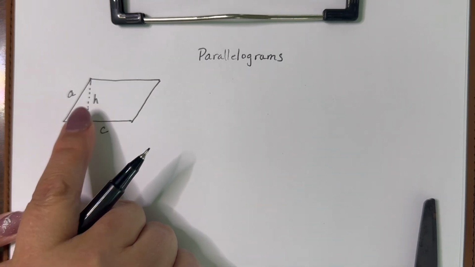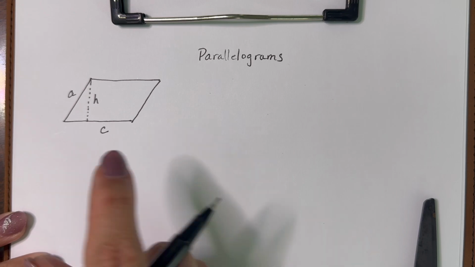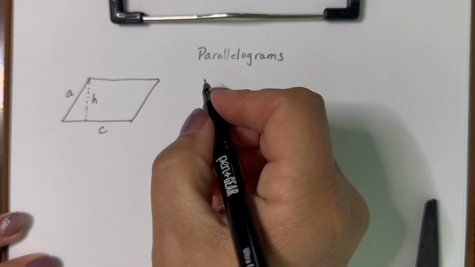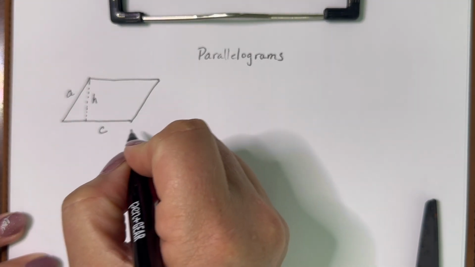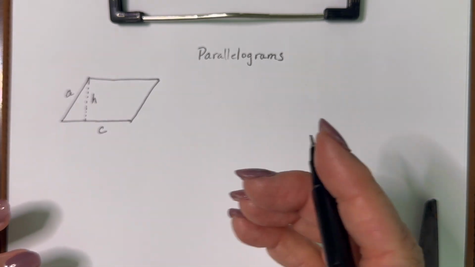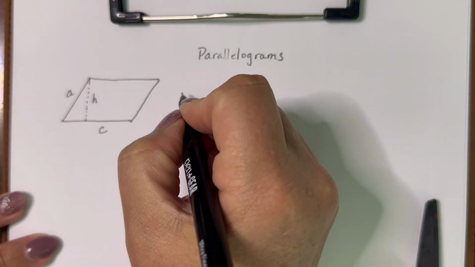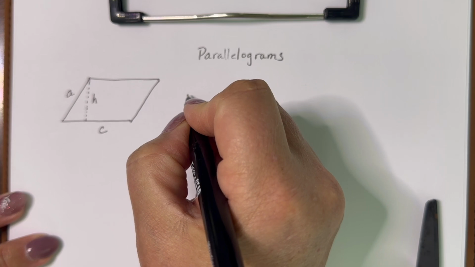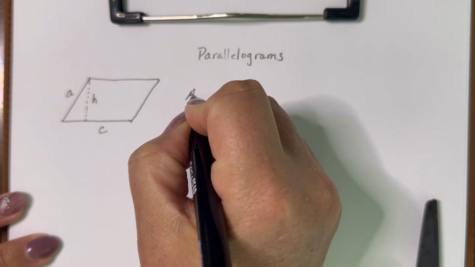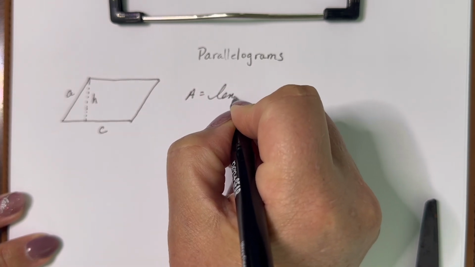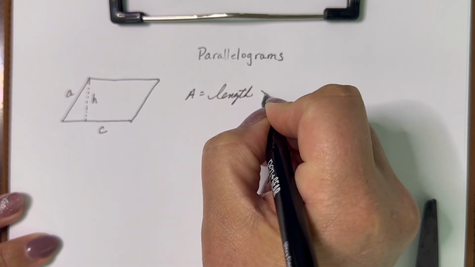Usually they do it dotted lines like that. Remember how I told you it doesn't matter what letters we use. The area is going to be the length times the width.